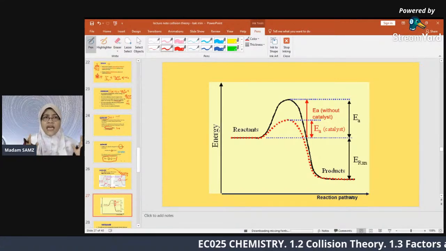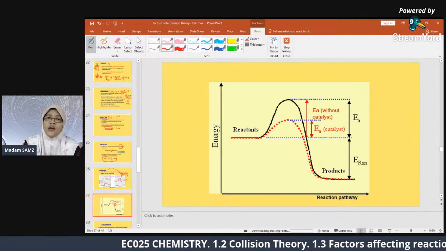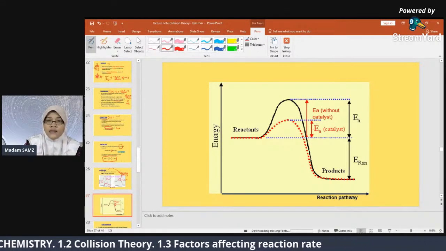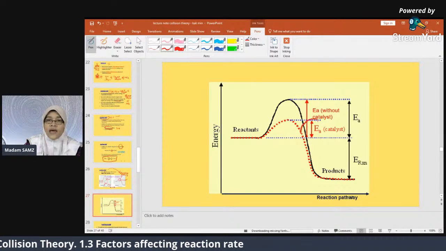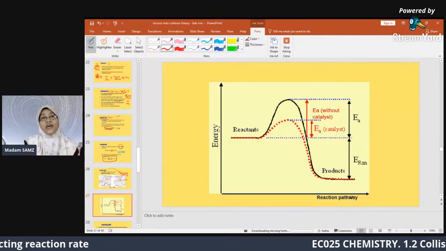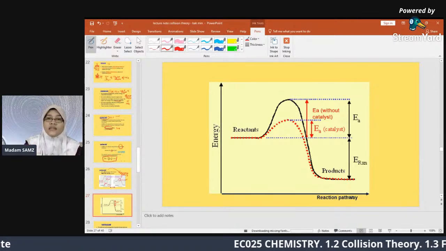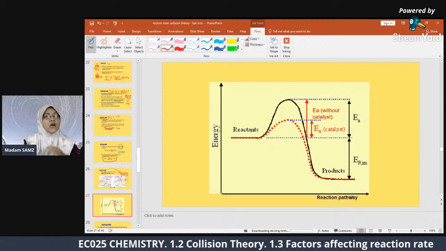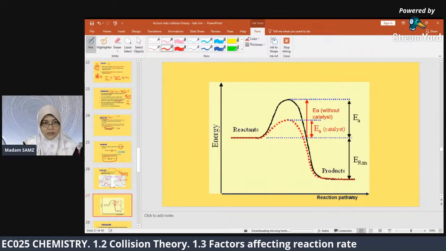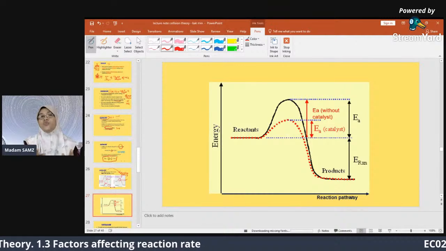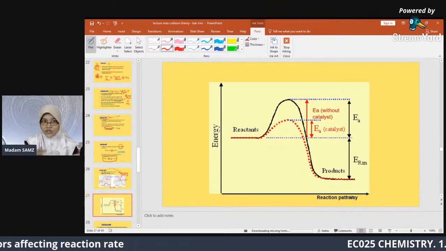We just add catalyst. So we repeat the experiment using catalyst, and what we have here is EA using catalyst is lower than before. So the time taken for the product to form is shortened, but the amount of product is the same. Bilangan produk sama, cuma time taken to form a product is shortened.